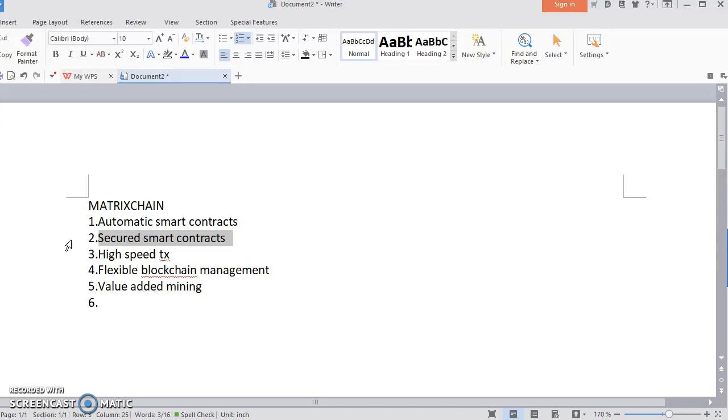It's going to be using things like an SMT solver, a toolkit that is based on satisfiability modulo theory.